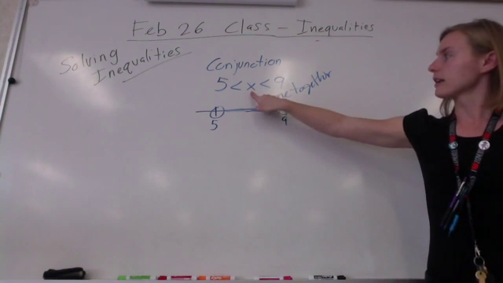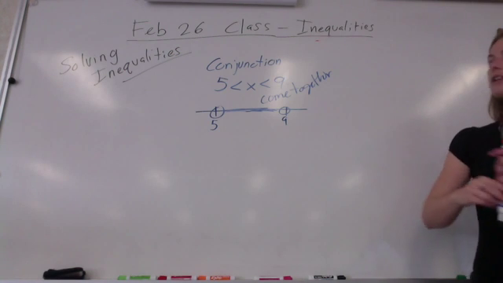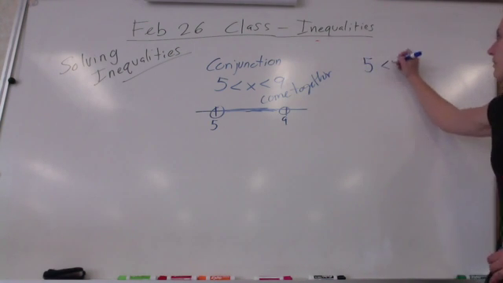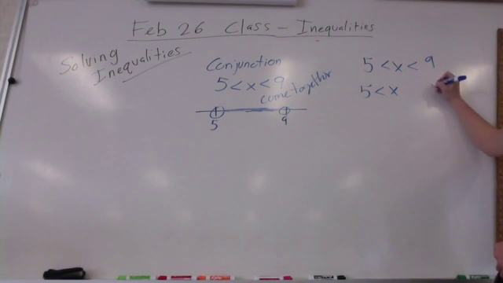So x is greater than 5, but it's also less than 9. So this is another way of writing both things separately. It's like we squish them together. So if they come together in the middle, we call it a conjunction.